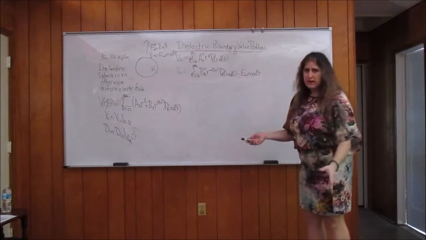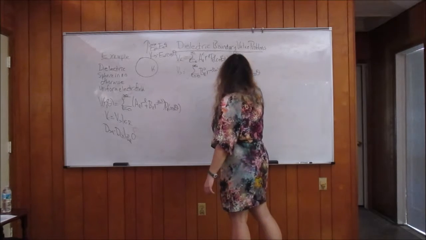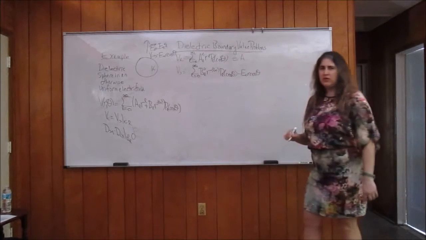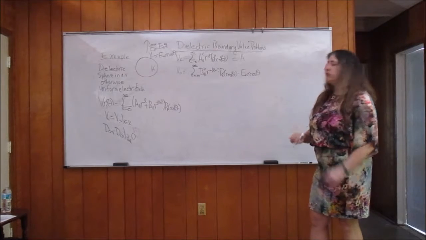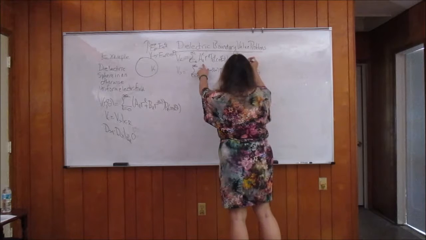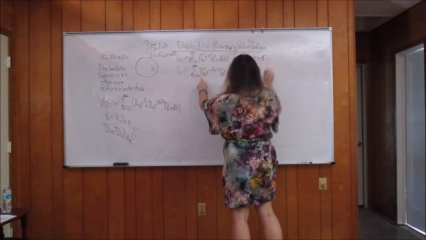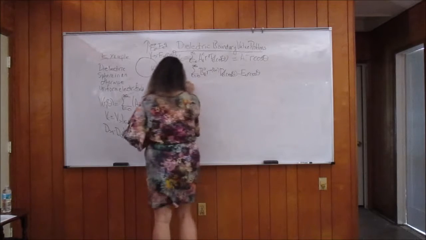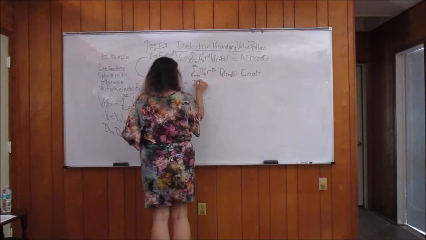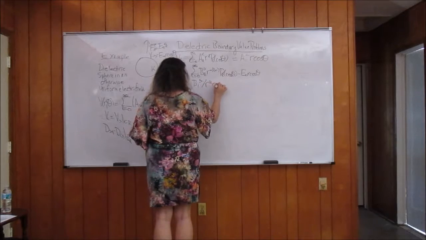The only way that's going to happen is if we've only got that cosine theta term in our expansion. So the only one that survives on account of orthogonality is A_1 less than r cosine theta. And then here we have B_1 greater than over r squared cosine theta.